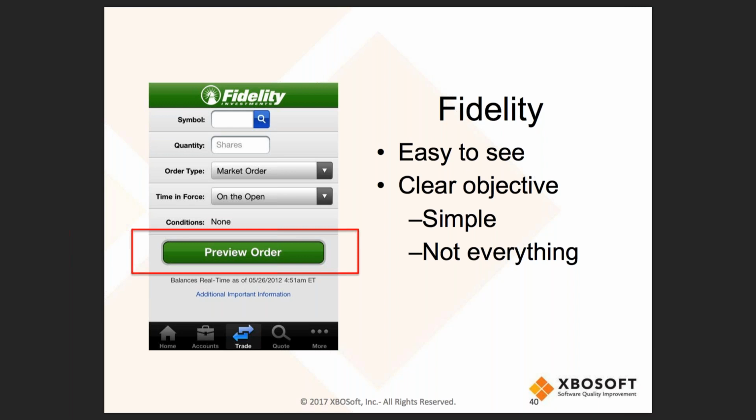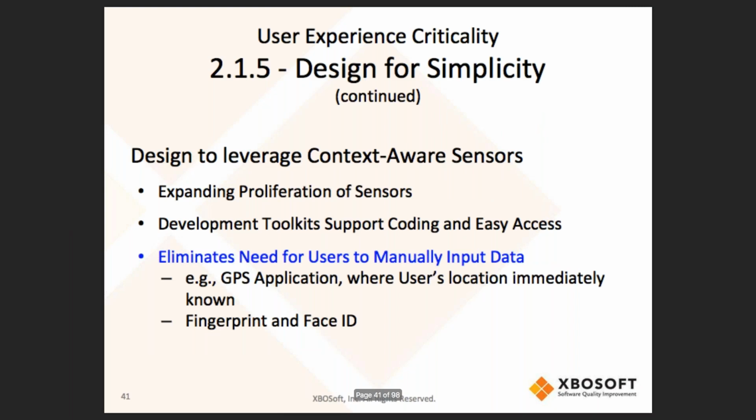So design to leverage the context-aware sensors also. Design for simplicity means that there are context-aware sensors, which means that certain things that you might have had to type in before, like, gee, I want a map from Chicago to New York. If you're in Chicago, you don't have to say you need a map from Chicago. It already knows that.